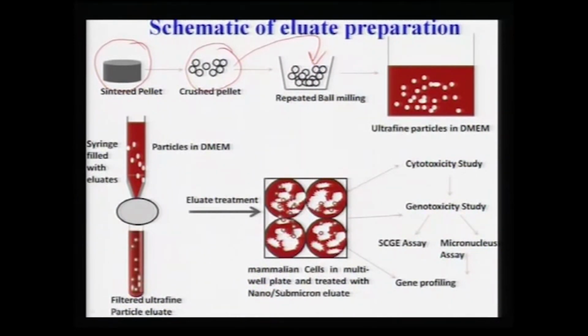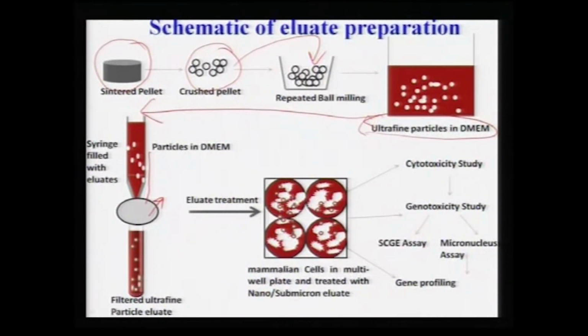After repeated ball milling, you get ultrafine particles in the DMEM, the Dulbecco's modified Eagle's medium, which is a typical culture medium for the eukaryotic cells. Then you can filter it with certain filters, let us say a 0.22 micron filter, so that very fine particles are dispersed in the DMEM.